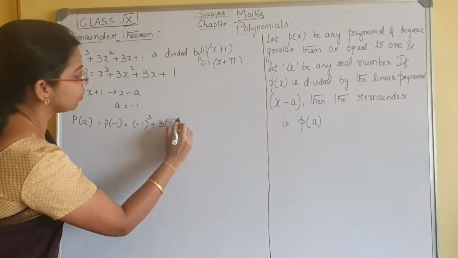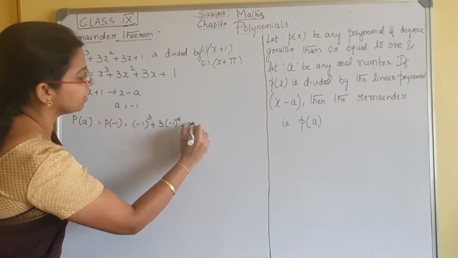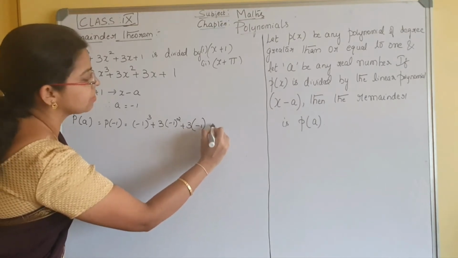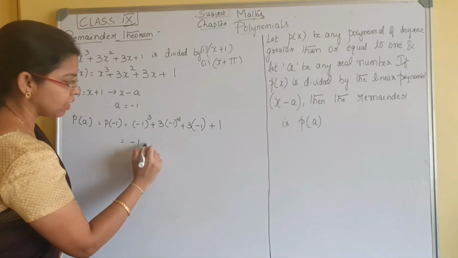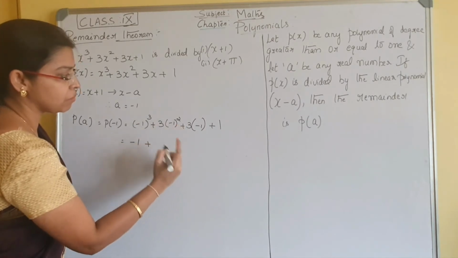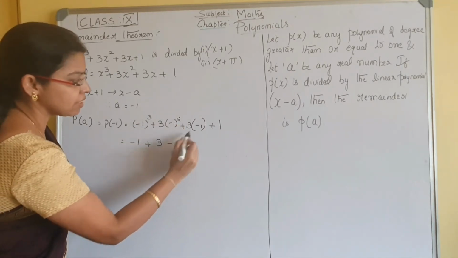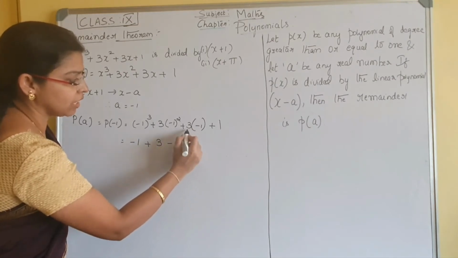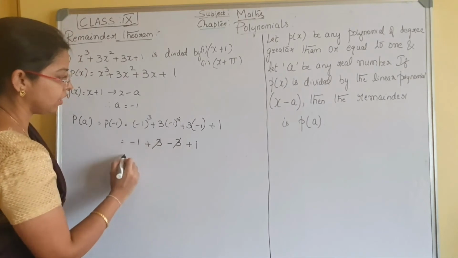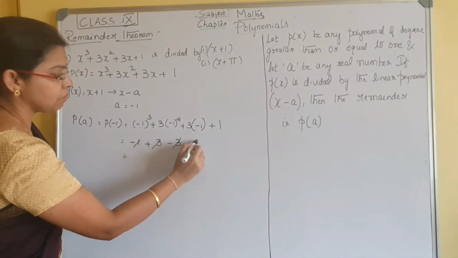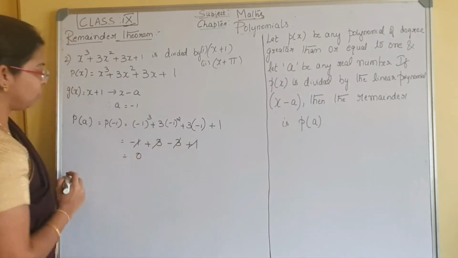So -1 the whole square plus 3 into -1 plus 1. -1 cube will be -1 plus -1 square will become 1. 3 plus -1 into 3 becomes -3 plus 1, and -1 plus 1 plus 3 minus 3 gives 0.